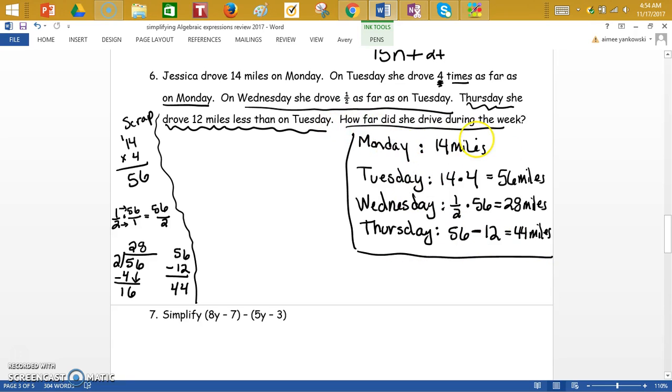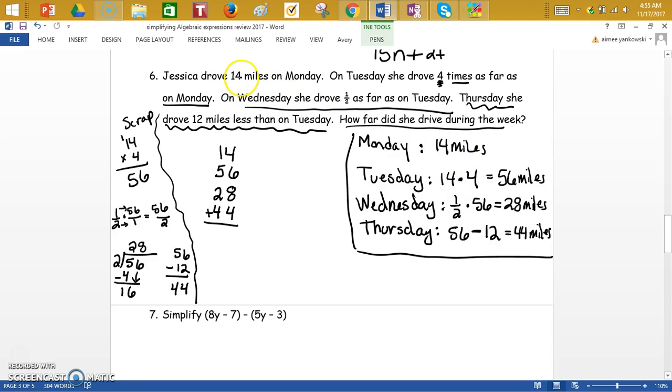Then to find out how far I drove during the entire week, I just add up how far I drove each day. So I would take my Monday, I'd add that to how far I drove on Tuesday, how far I drove on Wednesday, and how far I drove on Thursday. So even if your teachers allow you a calculator on Tuesday's assessment, you still have to know 4 times as far means you have to take 14 times 4.